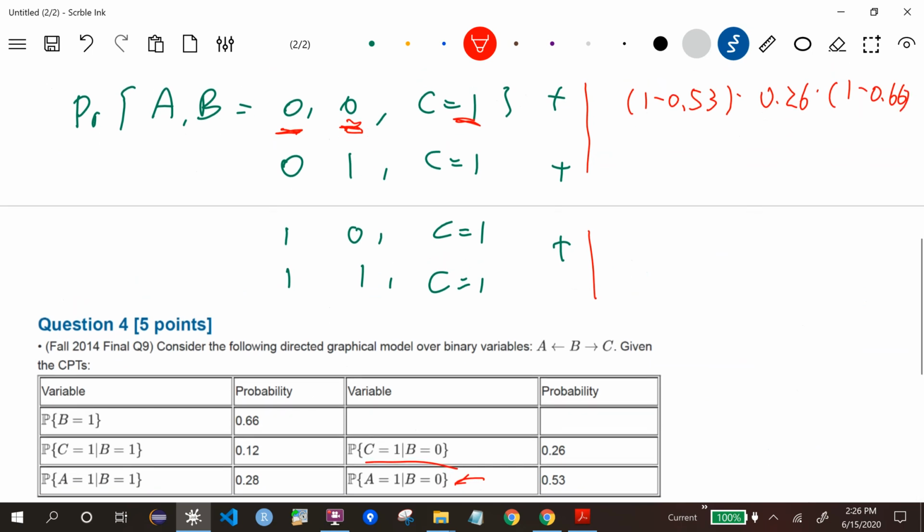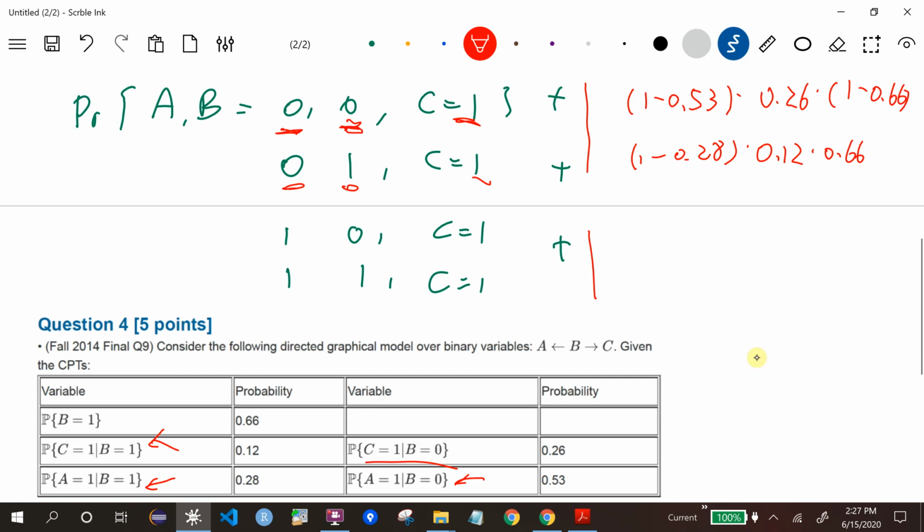And the second term: A is 0 given B is 1, so this thing, just 1 minus that. C is 1 given B is 1, we should have that, 0.12. And B is 1, 0.66.